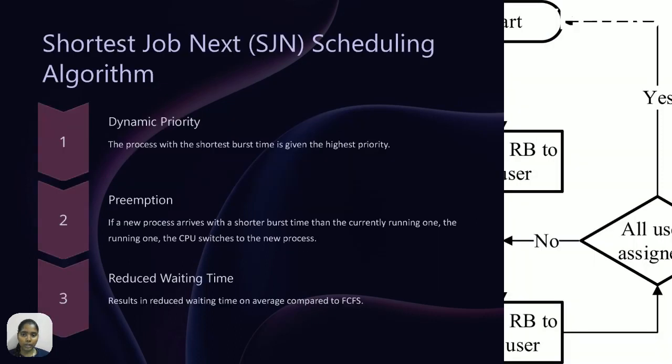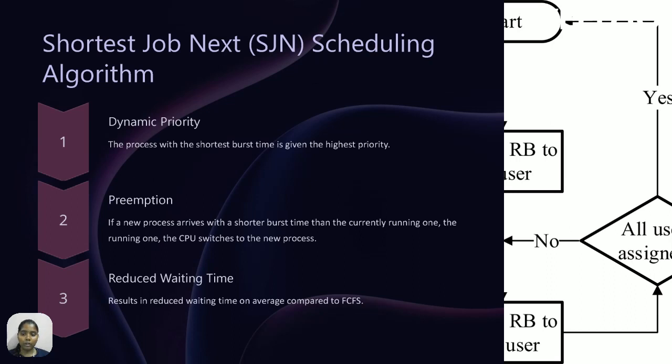Shortest job next scheduling algorithm. This is also divided into three types: the first one is dynamic priority, the second one is preemption, and the third one is reduced waiting time. Dynamic priority: the process with the shortest burst time is given the highest priority.